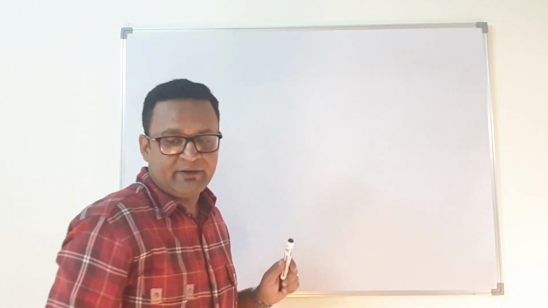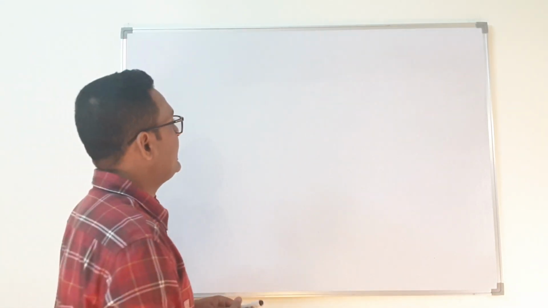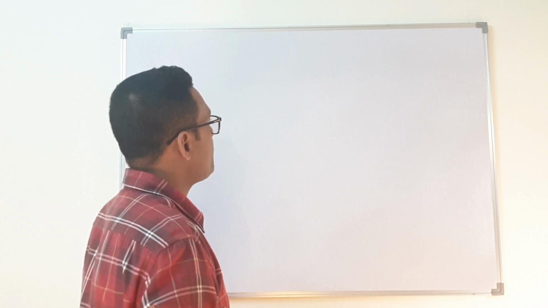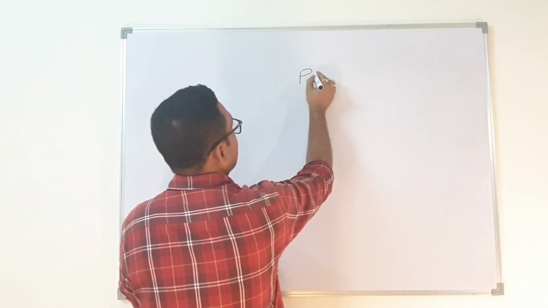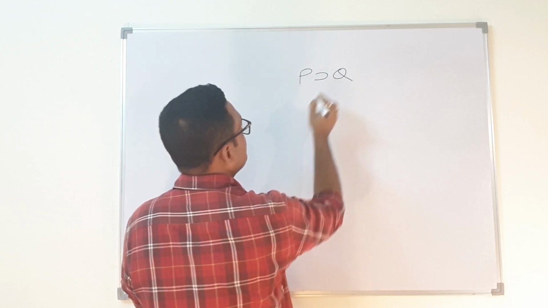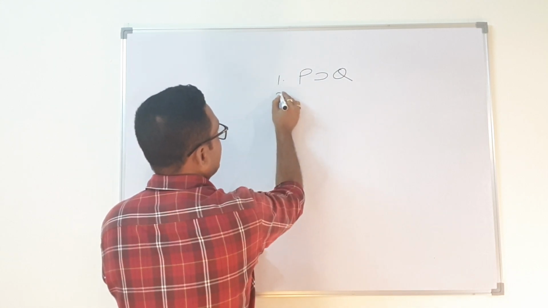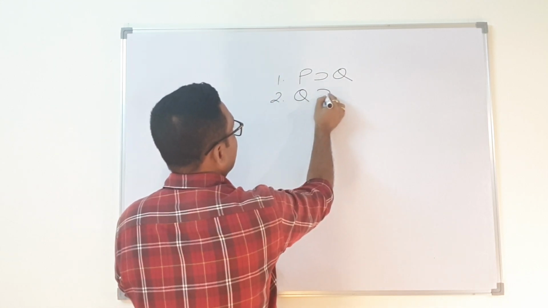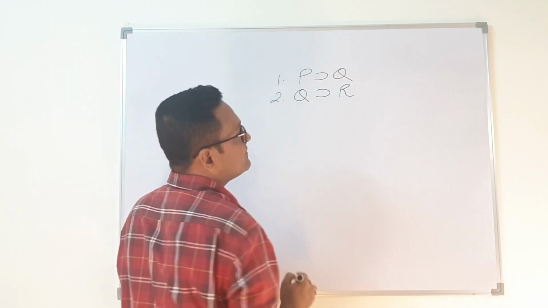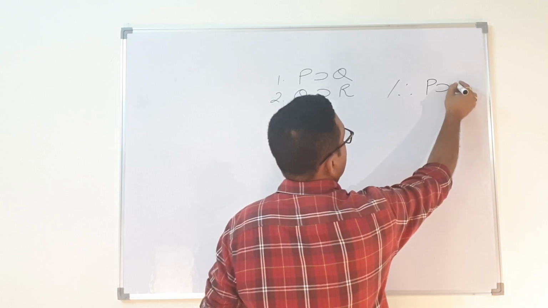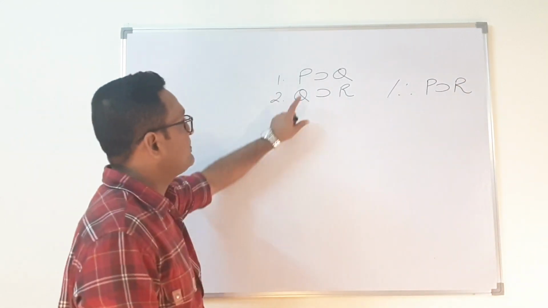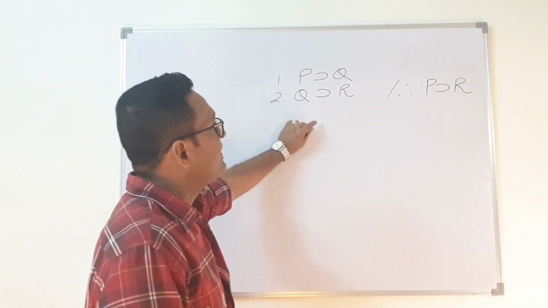So let me take an argument like this: P implies Q, this is the first line. Second, Q implies R. Therefore, P implies R. So the premises are P implies Q and Q implies R, and the conclusion is P implies R.